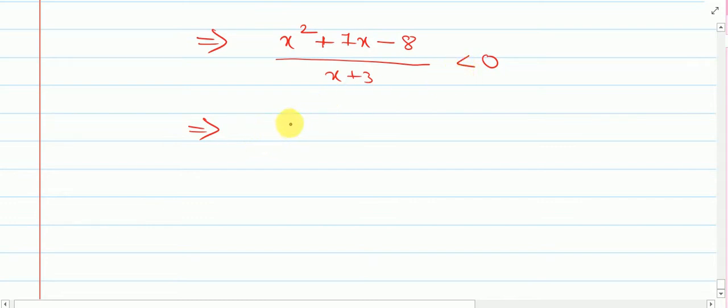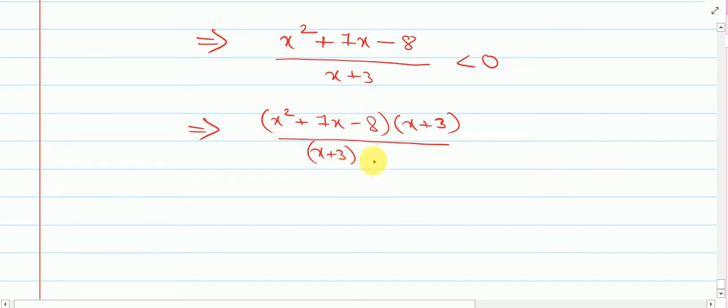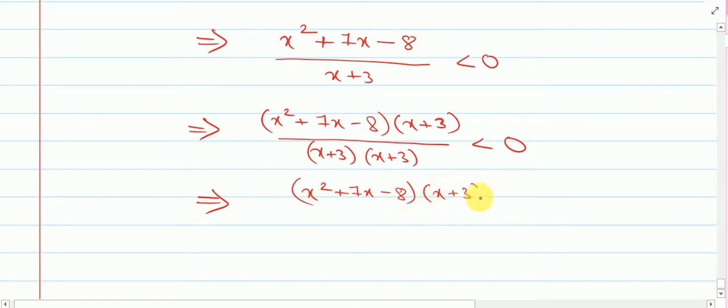So we write x square plus 7x minus 8, multiplied with x plus 3, and down you are getting x plus 3 whole square less than 0, and our x is not equal to minus 3.